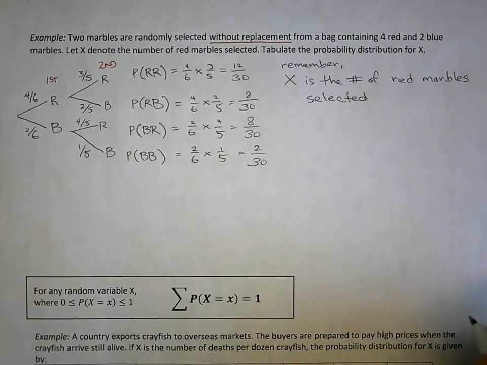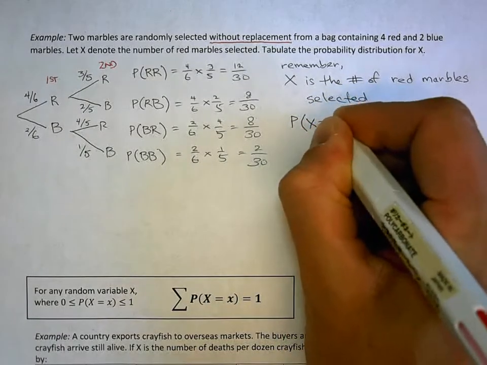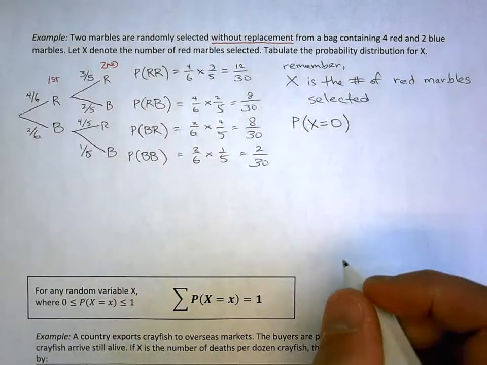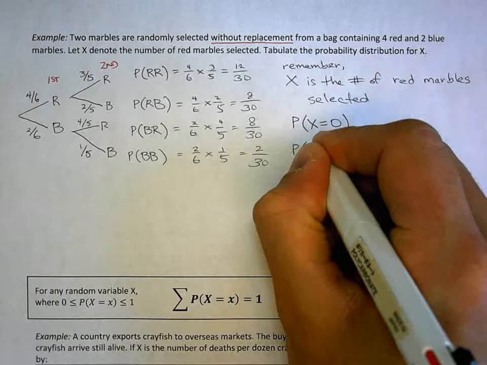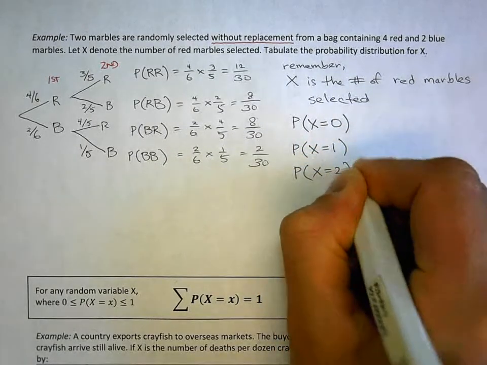So what are the different possibilities? Well, you could have an outcome where x is equal to 0 red marbles. You could have a probability of x having 1 red marble, or you could have 2 red marbles.